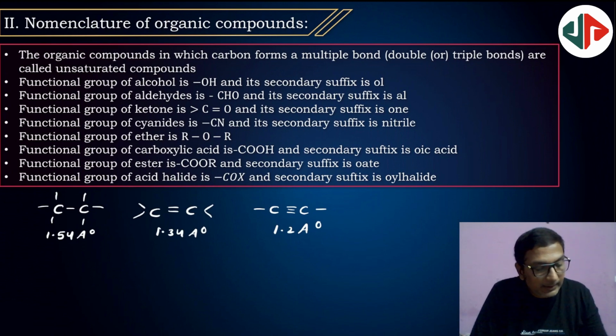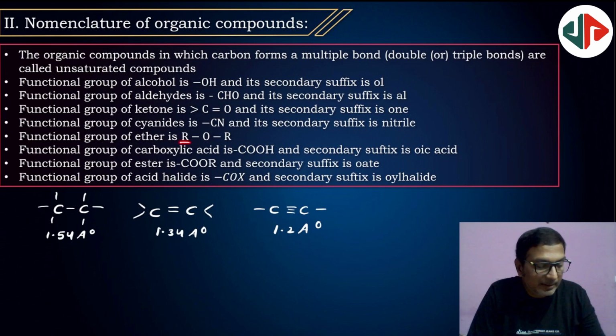Next. The functional group of alcohols is OH and the secondary suffix is ol. Functional group of aldehydes is CHO, secondary suffix is al. Ketone C=O and secondary suffix is one. Next. Cyanides CN, secondary suffix is nitrile. Next.